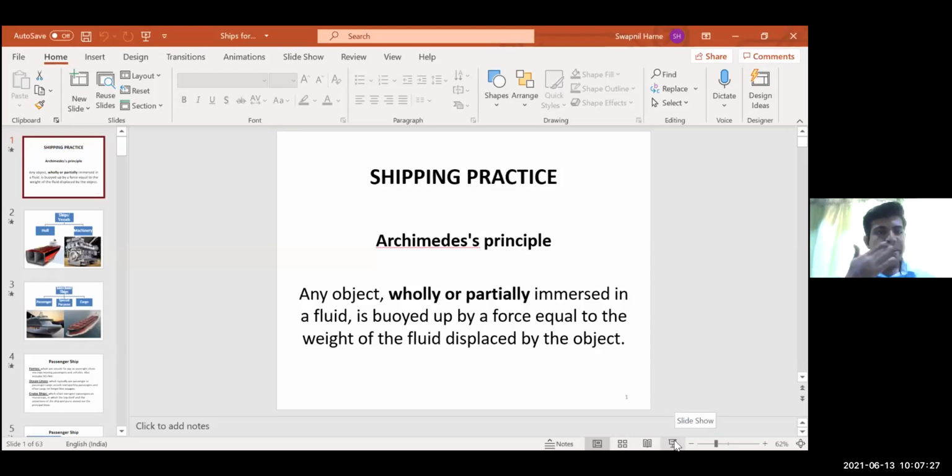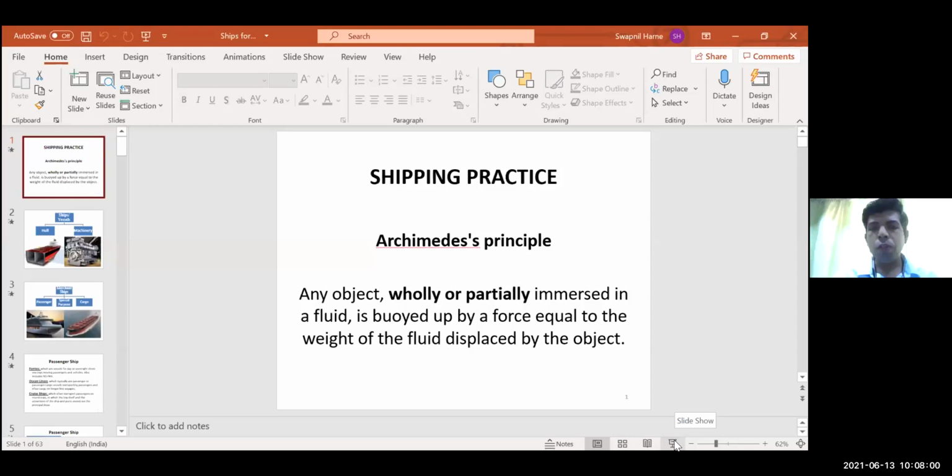Okay, just a simple question, gentlemen. Very lame question, you would say. Why does a particular object float in water? That goes back to our school time science, the very basic Archimedes principle, which says that any object wholly or partially immersed in a particular fluid is buoyed up by a force equal to the weight of the fluid displaced by the object.